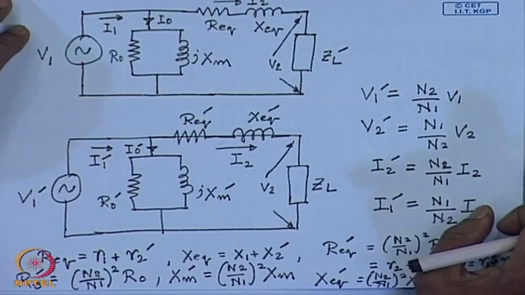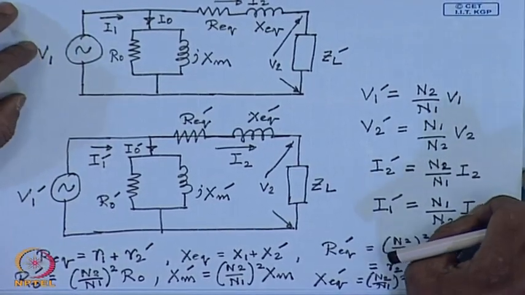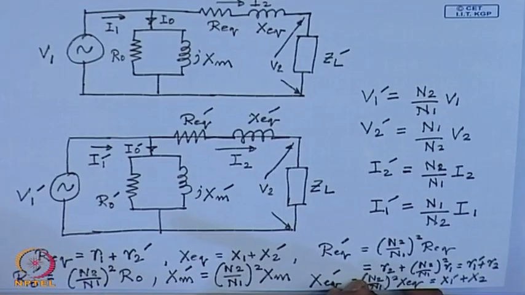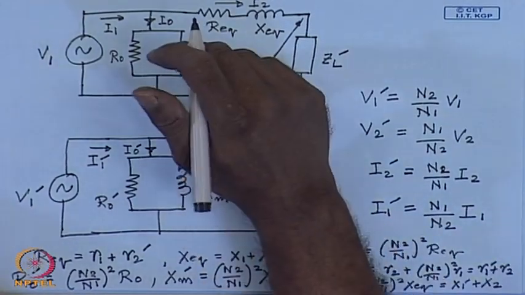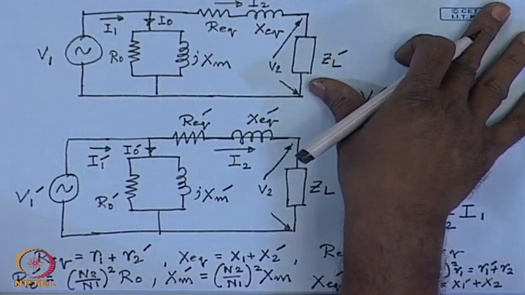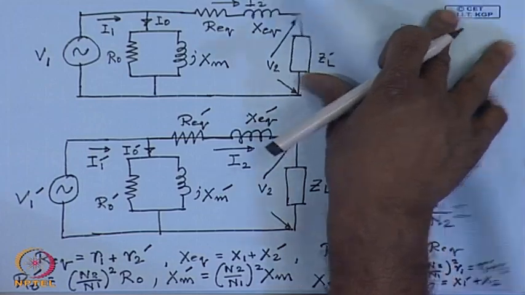In order to get a per unitized equivalent circuit, we will have to define certain base quantities. Although the bases can be selected arbitrarily, the customary practice is to select the rated voltage of a given side of a transformer to be the base voltage. Therefore, the rated voltage of the primary will be the base voltage for the primary side variables and parameters.